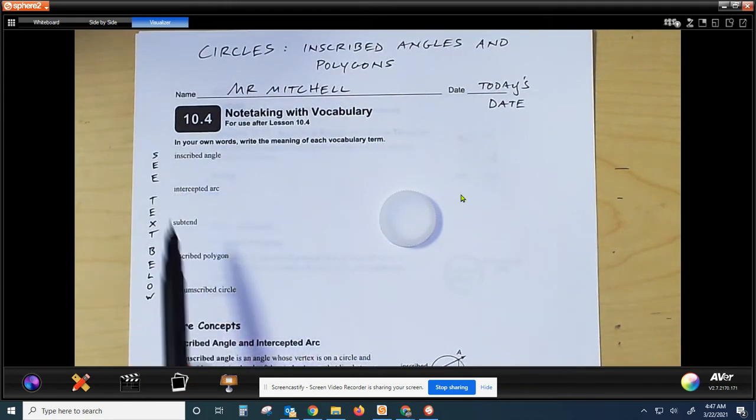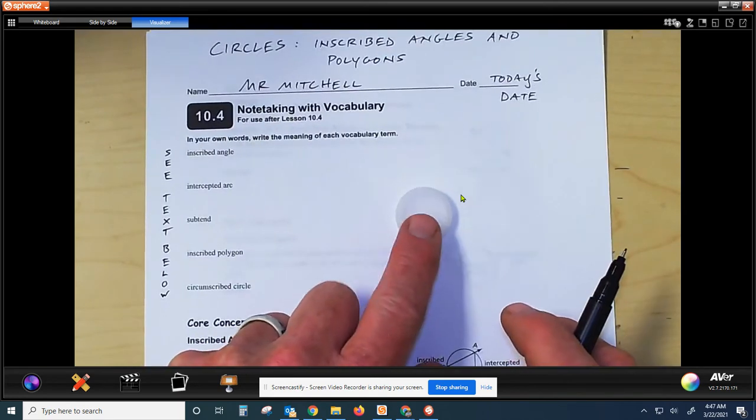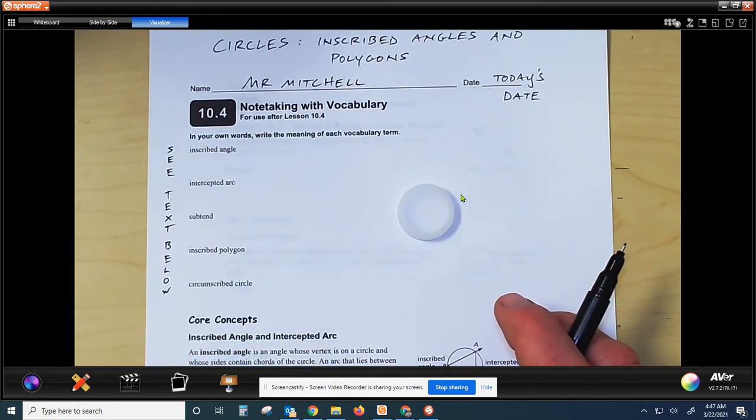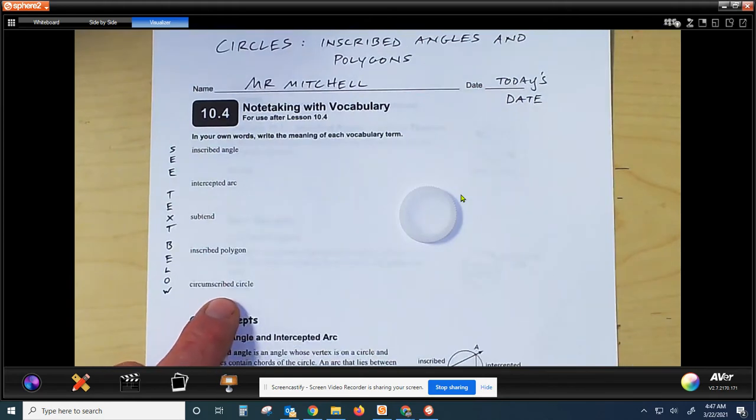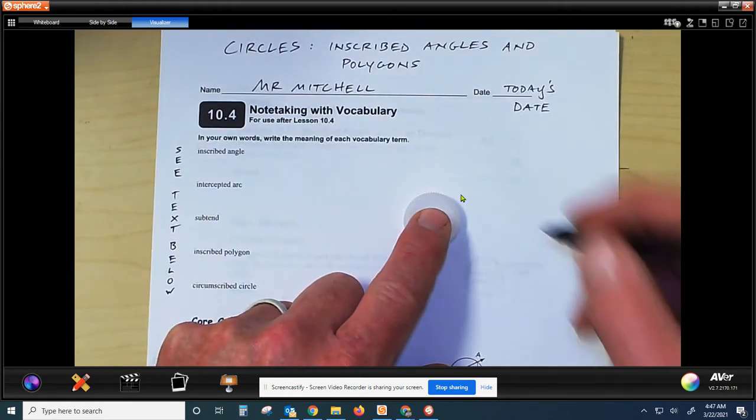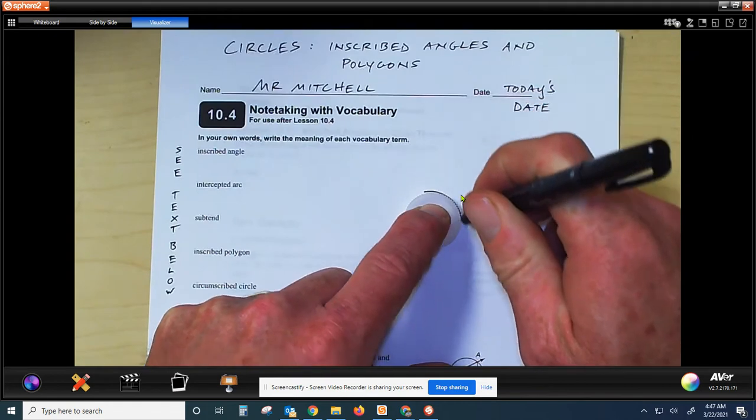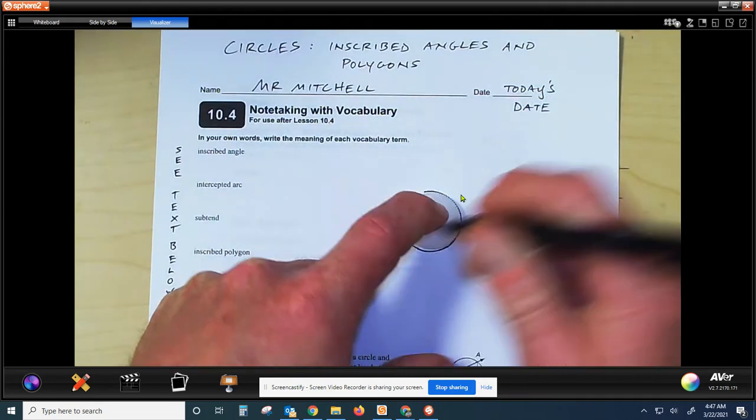It says inscribed angle, intercepted arc, subtend, inscribed polygon, circumscribed circle. Gracious. Let's draw. A feature today for you visual learners like me.